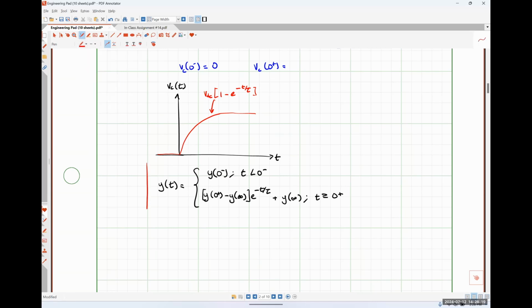So this is our new generic equation. So I want to point something out to you guys really quickly here, because one of the questions that I get asked the most often is, how do I know whether I should use the total response equation or just the natural response equation that we did on Wednesday?